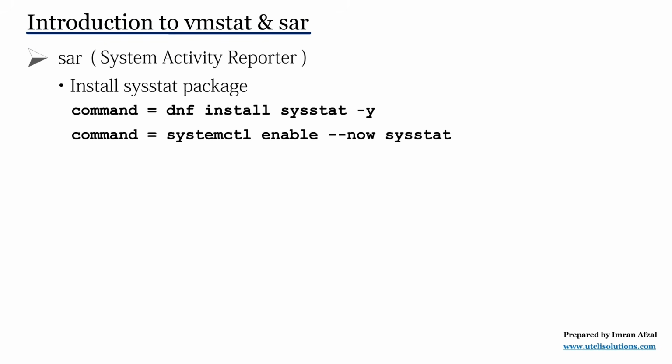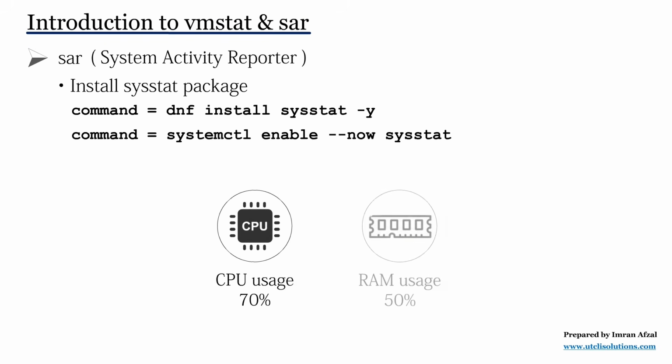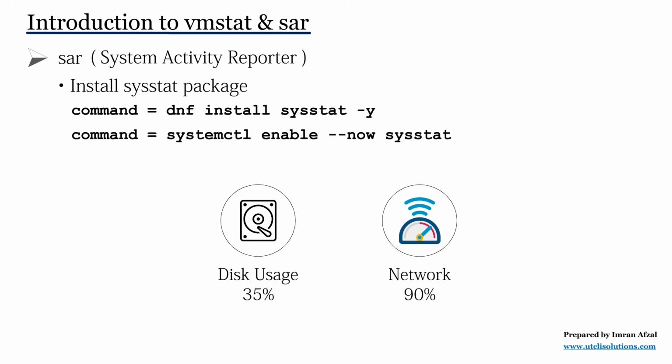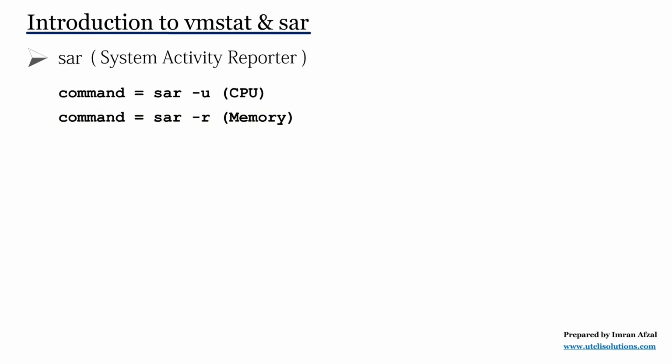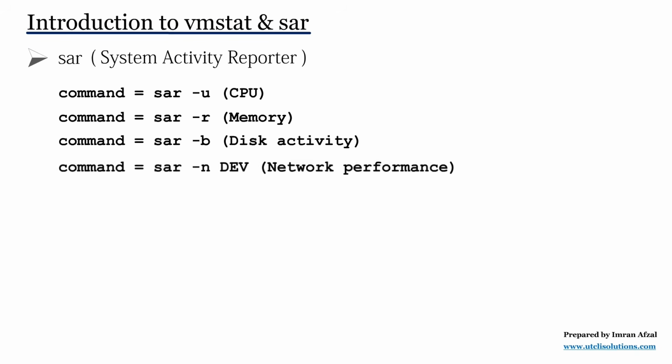After enabling it, you can check CPU, memory, disk, and network activity any time you want, even hours or days later, by using commands like sar -u for CPU, sar -r for memory, sar -b for disk activity, sar -n DEV for network performance.